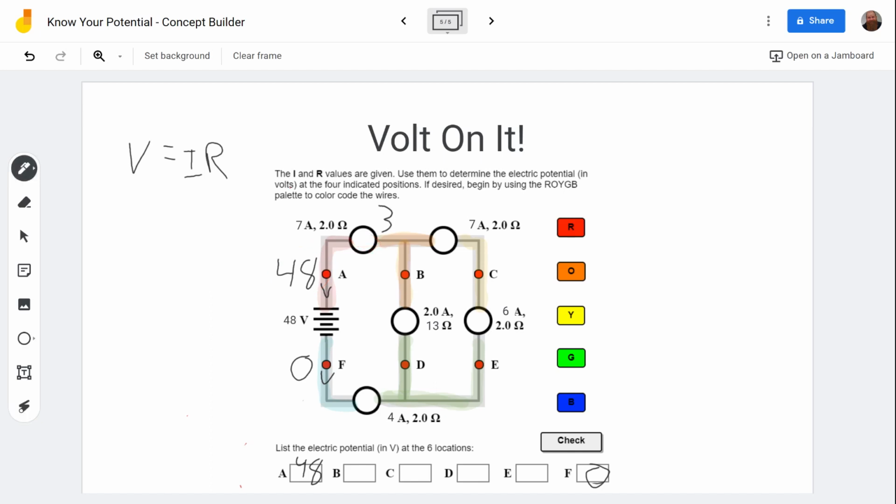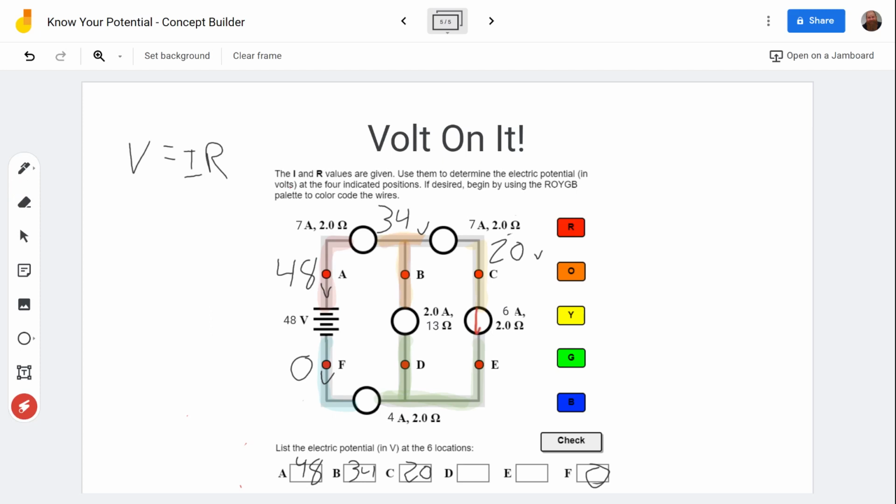That gives us an electric potential of 34 volts. Then as we go through the next light bulb, 7 times 2 is 14 again. So 34 minus 14 gives us 20 volts. The yellow section here will be 20 volts of electric potential.